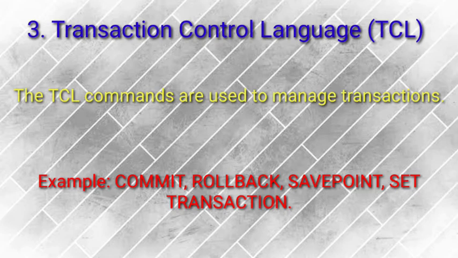Now if by mistake you have done changes, and you don't want those changes, you can roll back. Rollback is used just as an undo. You must have learned in MS Word or Excel to undo a set of statements. So rollback is used to undo, and savepoint saves the transaction.